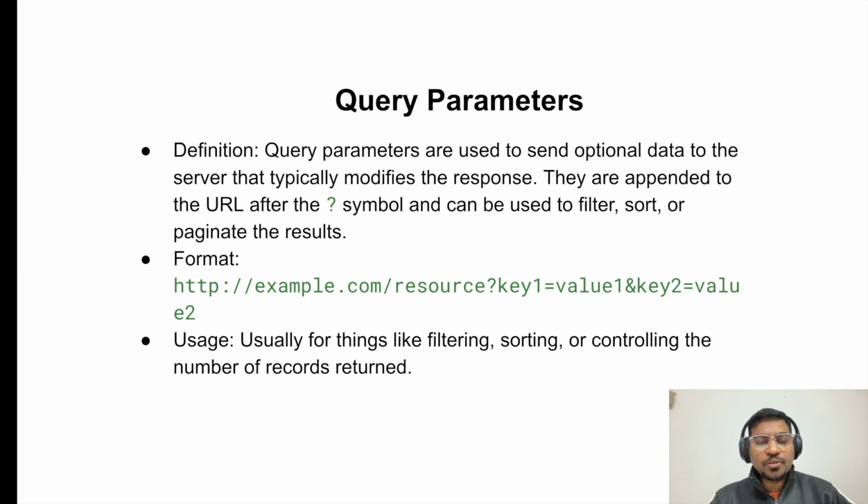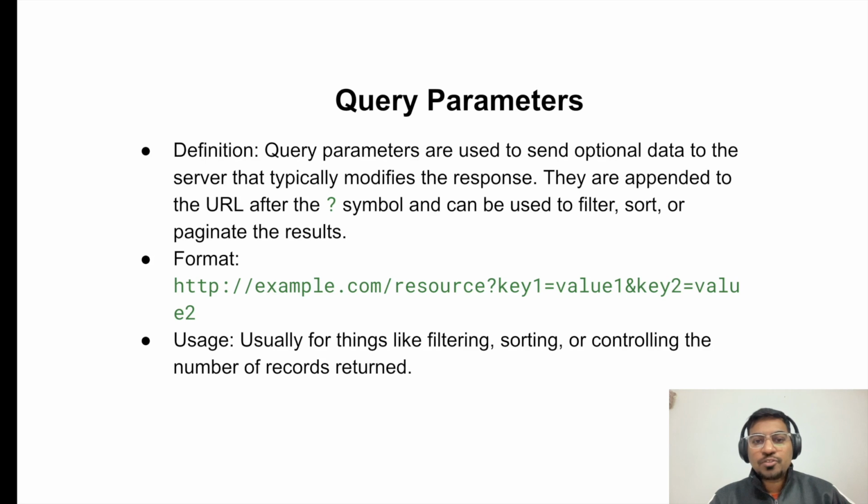For example, take http://example.com/resource, and after it there's a question mark, and after that there are two queries being passed: key1 equals value1, and key2 equals value2. So basically, we are passing two types of data here, key1 and key2, having value1 and value2.